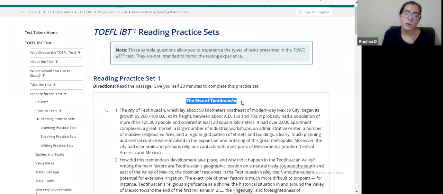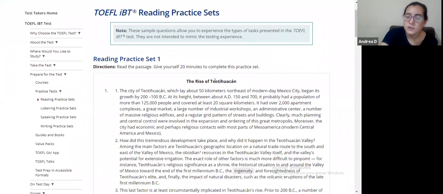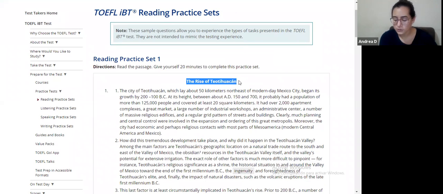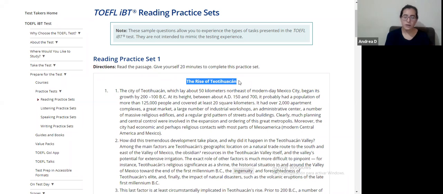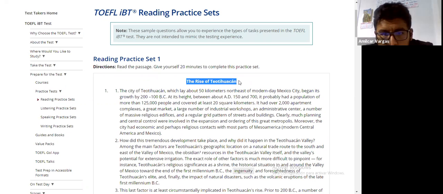So for example, here we have The Rise of Teotihuacan. That's what this passage will be about. What do you imagine? What do you think this will be about? The rise of Teotihuacan. What can you picture? About history, maybe. History, okay. What about history? About a culture, maybe.